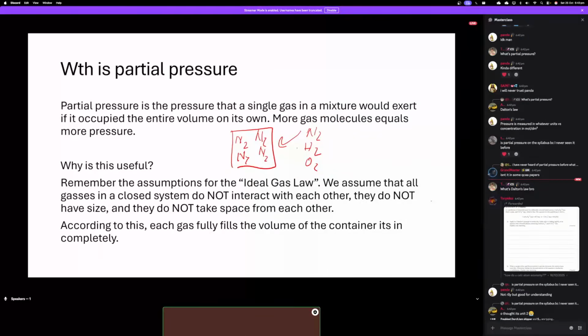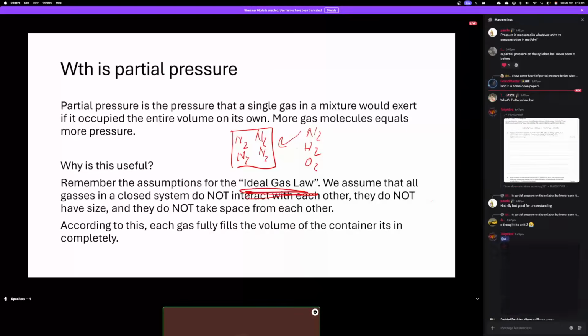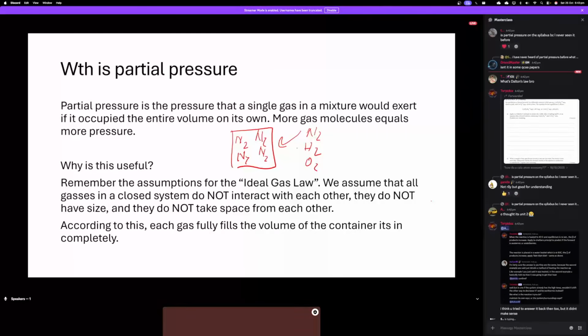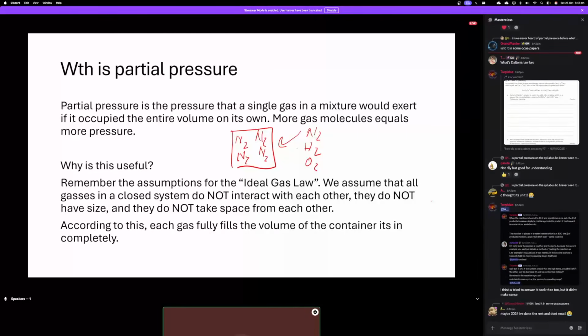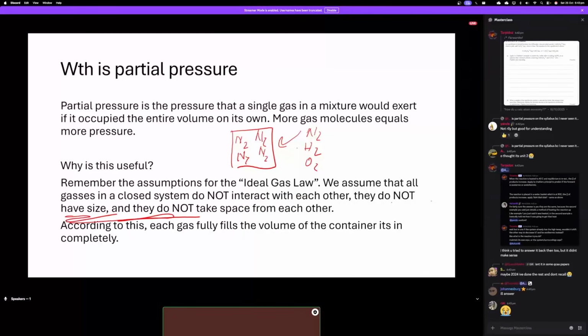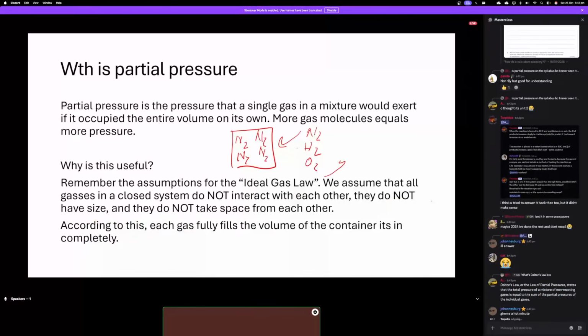And that's really important because if you remember the ideal gas law, we said very specifically that they don't interact with each other, they don't take up space, they don't have size. If you don't remember, ideal gas law was PV equals nRT.